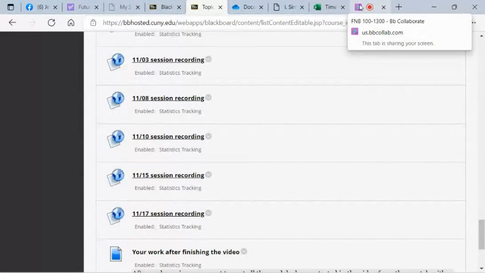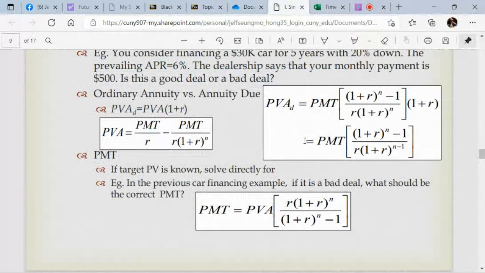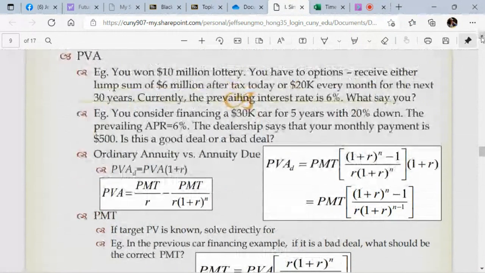The first example of present value of annuity was a lottery example, right? But as I said, lottery is a very rare event in your life, right? How many people win the lottery in their lives?